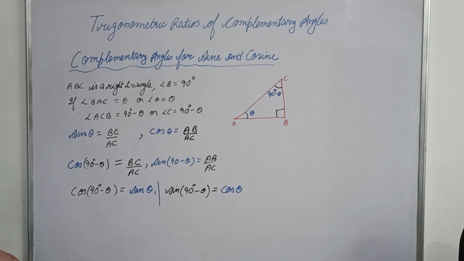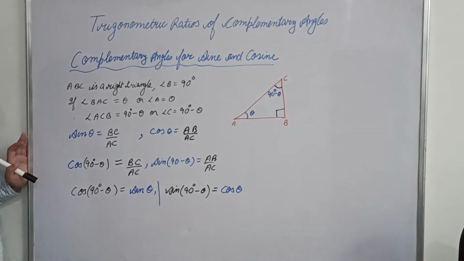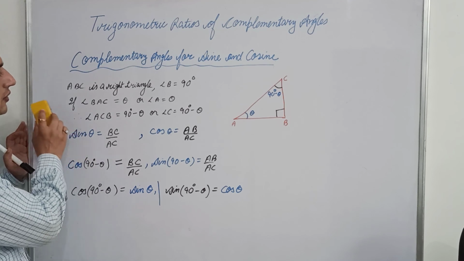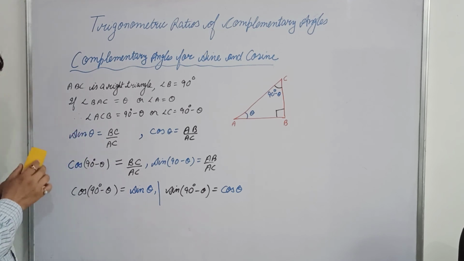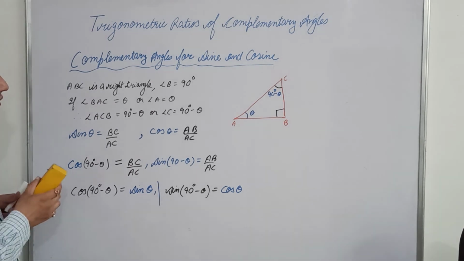Right. Next we will find the T ratios of complementary angles for tangent and cotangent. So we will see the complementary angles of tangent and cotangent.